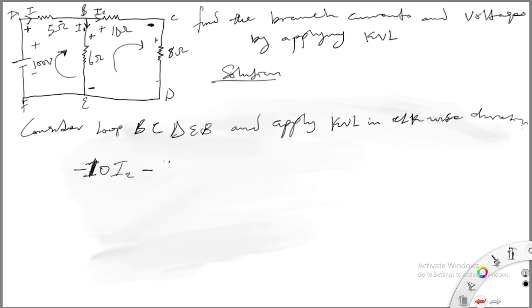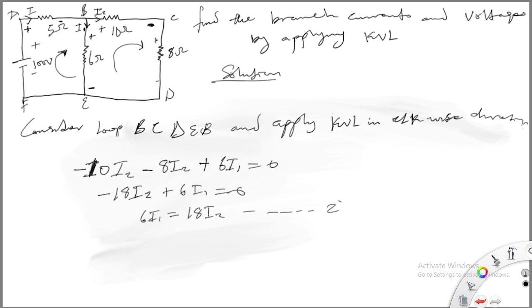So voltage drop 8 I2, plus what? 6 is voltage rise from negative to positive. 6 I1 is equal to 0. So what do we have here? Minus 10 I2 minus 8 I2 is minus 18 I2 plus 6 I1 is equal to 0. So 6 I1 is equal to 18 I2.